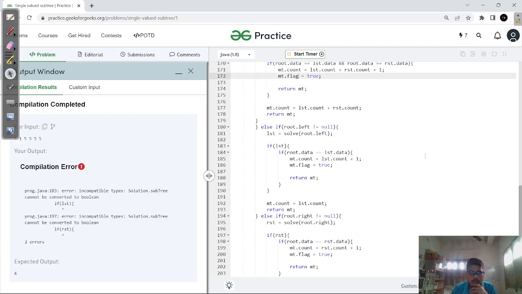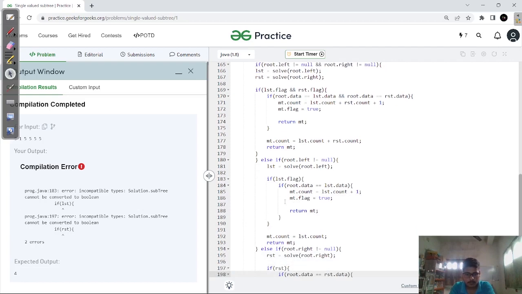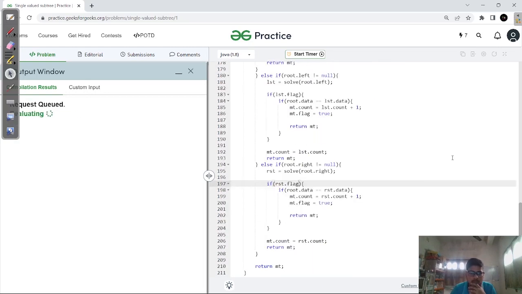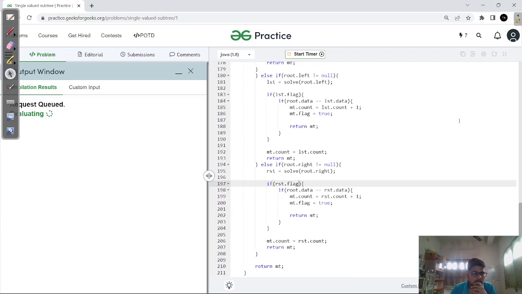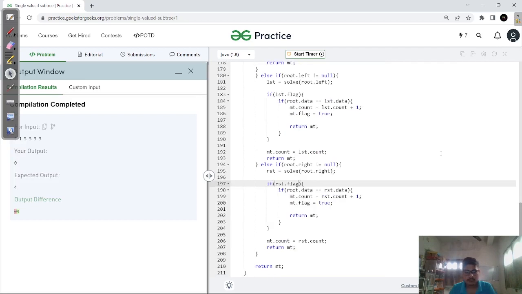Again showing me an error. Oh, okay, so this is flag. This is also flag. Right. Why is it giving me 0?